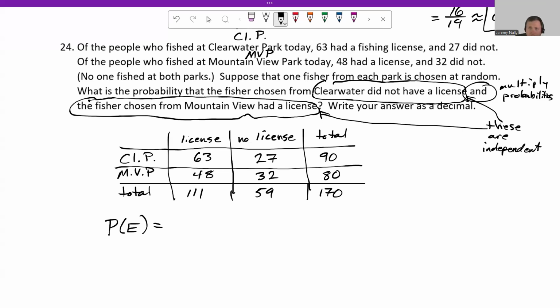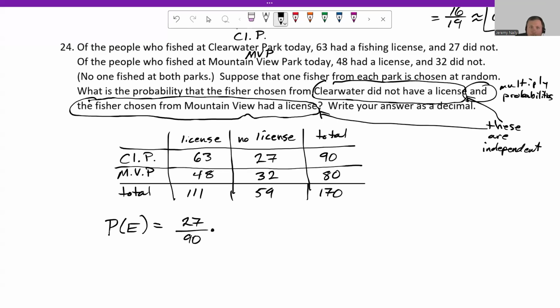Okay. So Clearwater Park did not have a license. So that's going to be 27 over 90. And then Mountain View had a license. So we're just going to multiply. Since they're independent events, I can just multiply the individual probabilities.